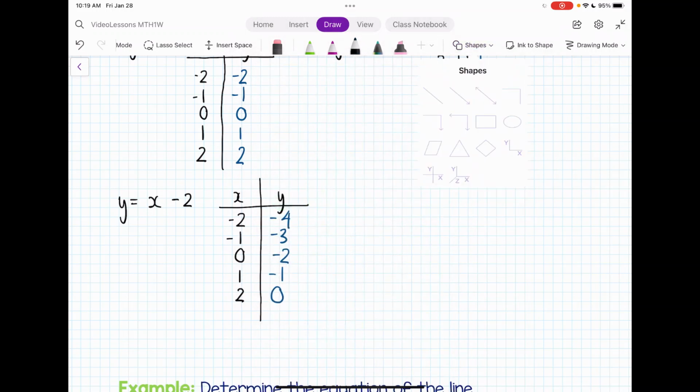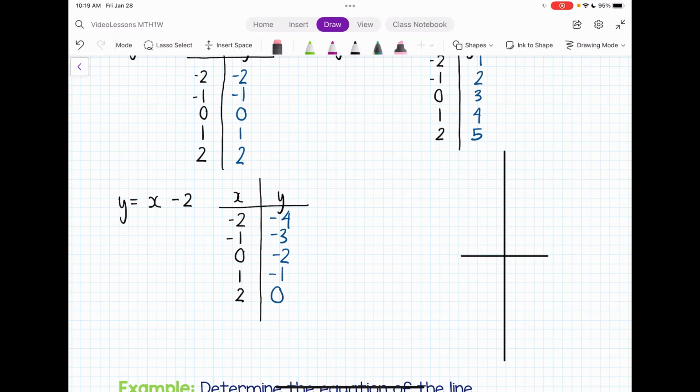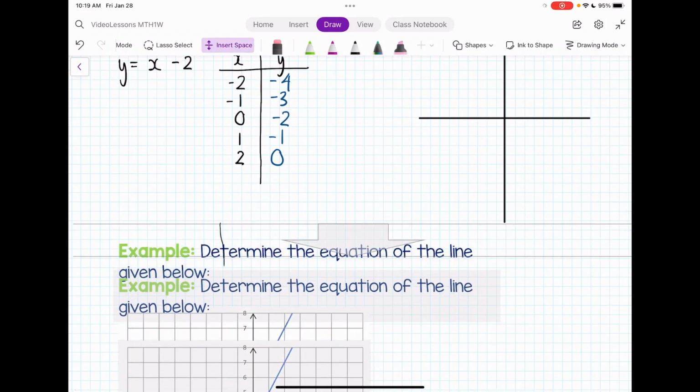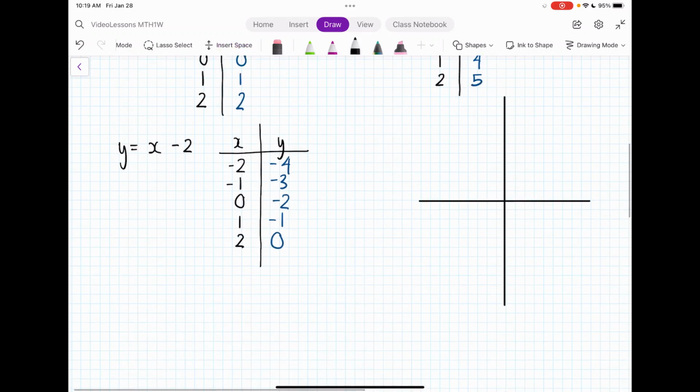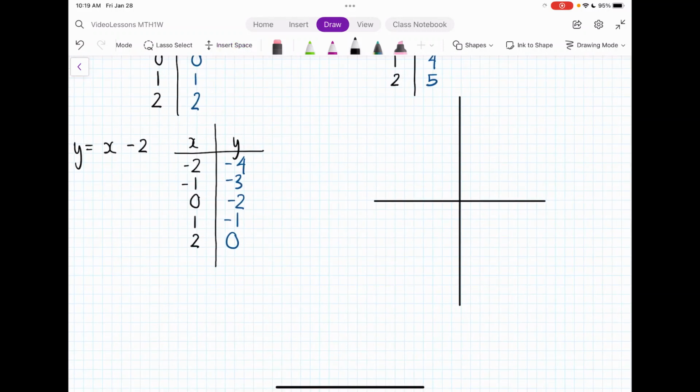Now what we're going to do is graph our lines. So I'm going to create a system of axes here, and I'm just going to label my axes now and put my values in.